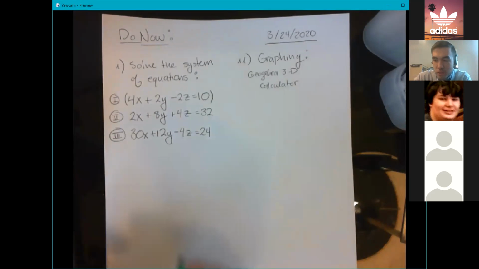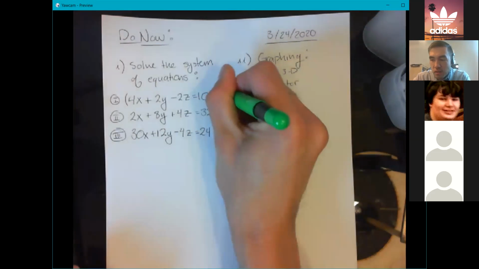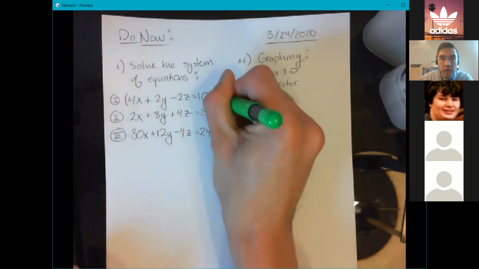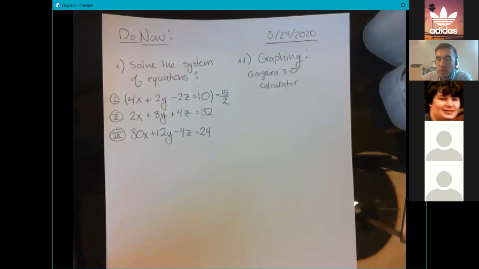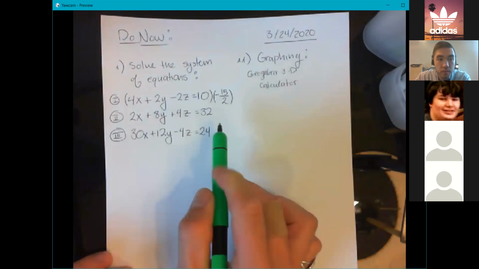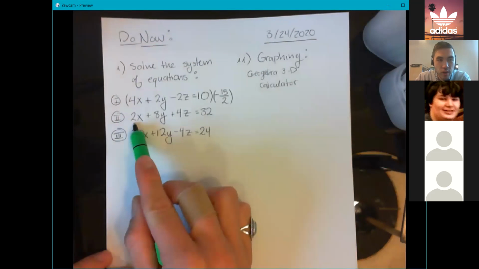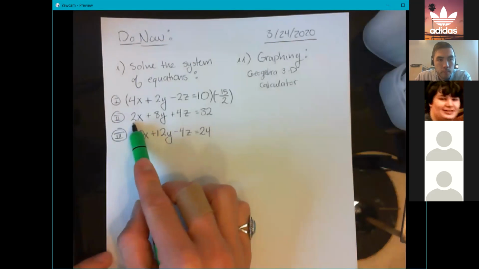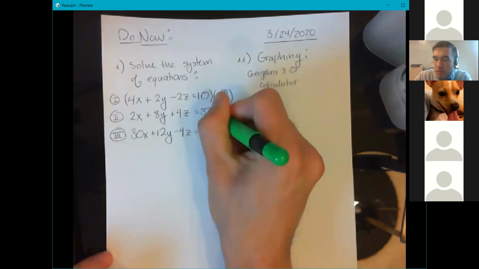Right, so I'm going to multiply this first row by negative 15 over 2. Dividing by 2 turns the 4 into 2, and then 2 times 15 is 30. So we're going to multiply that first row by negative 15 over 2. And we're going to multiply the second row by what will turn the lead term into 30. 15. Multiply the second row by 15.